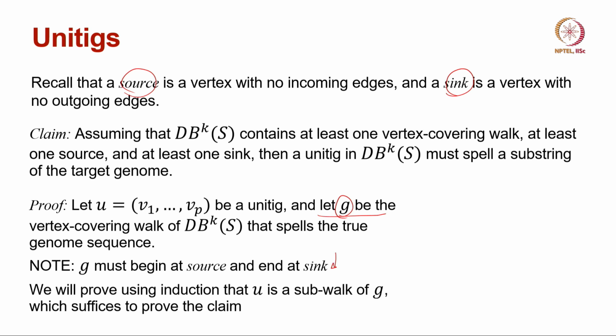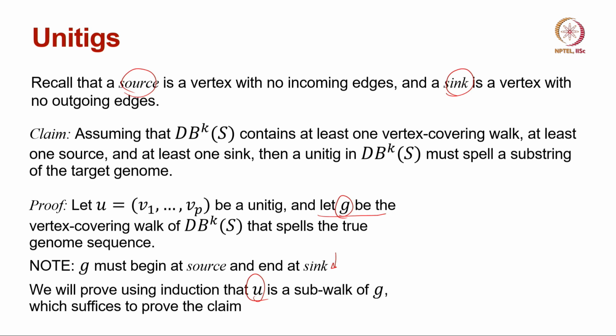Then we will prove using induction that unitig U must be a sub walk of G, and if we can prove that unitig U is a sub walk of G, then it proves the claim that the string spelled by the unitig is guaranteed to be a substring of the target genome.